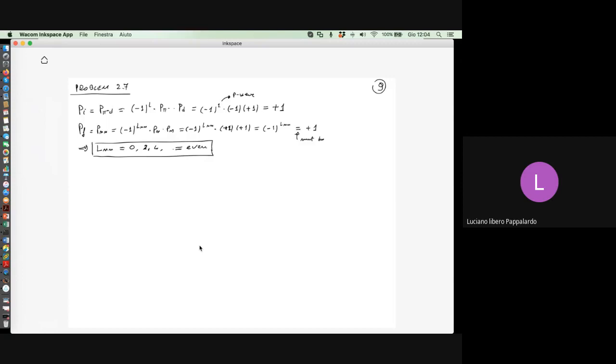Now, what about the final state of this reaction? We have two neutrons, so we have two identical fermions. And so we have to ensure that the total wave function is antisymmetric for exchange of the two fermions, okay? So we know that the psi_nn, which must be antisymmetric, we can, as usual, split into a spatial and a spin component.